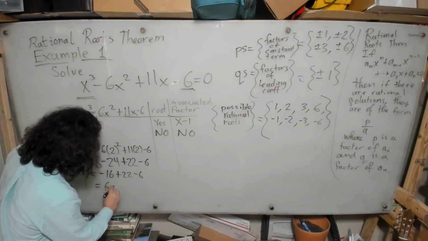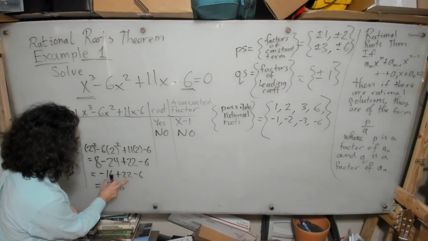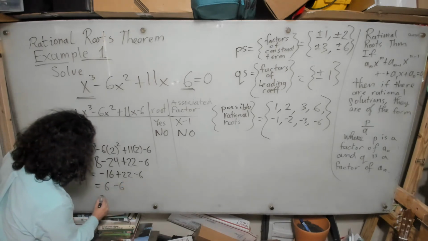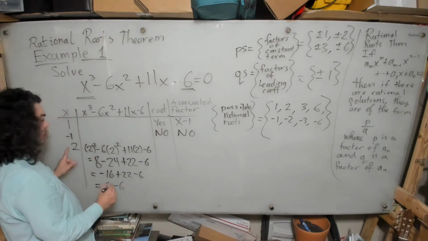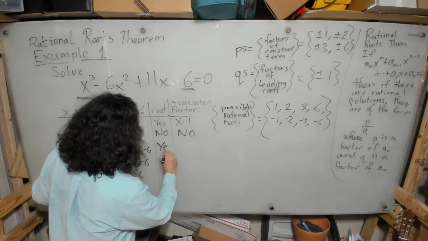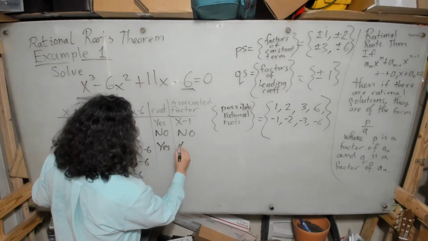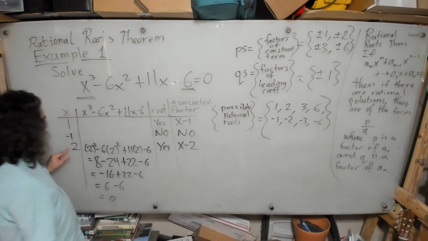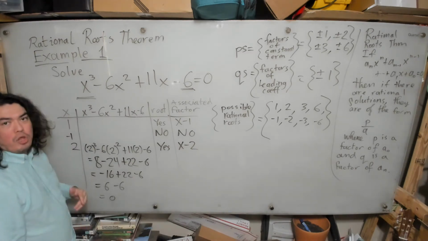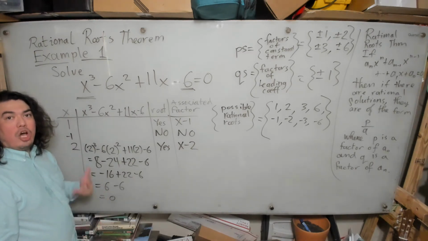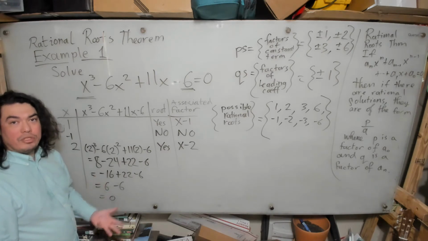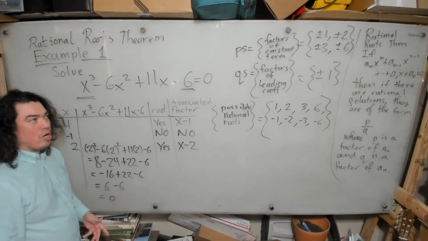And so I get 6 minus the 6, that's 0. So this one is a root, and the associated factor would be x minus 2, because if you have a polynomial f of x and r is a value that makes f of r equal to 0, then x minus r is a factor.